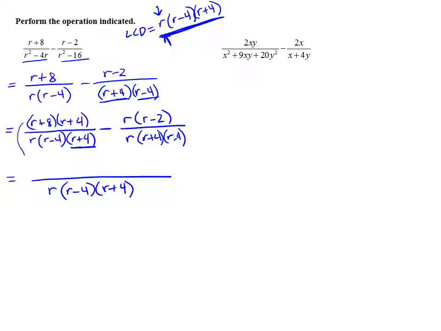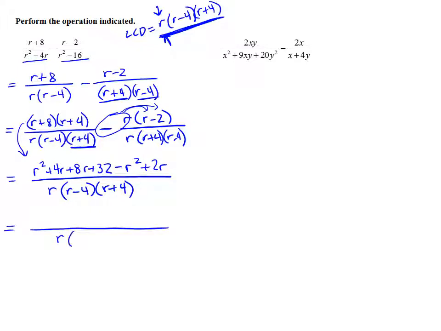So I'm going to FOIL out this first one: r squared plus 4r plus 8r plus 32. And then I'm going to multiply the second numerator by r, but because it's a minus, I'm going to multiply it, to do both at once, by a negative r. So minus r squared, and then negative r times negative 2 would be positive 2r. Now let's collect all those like terms.